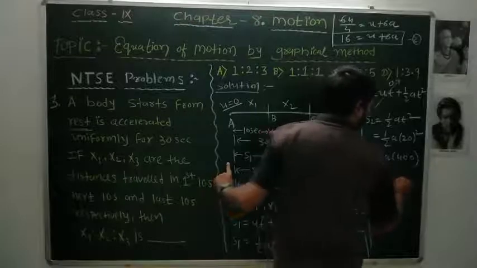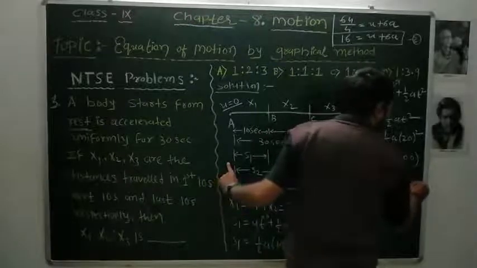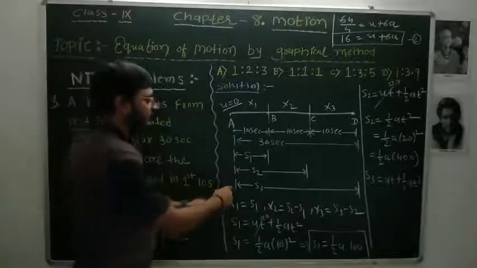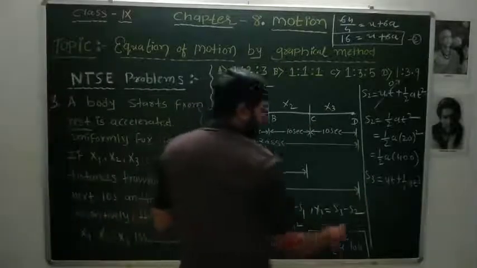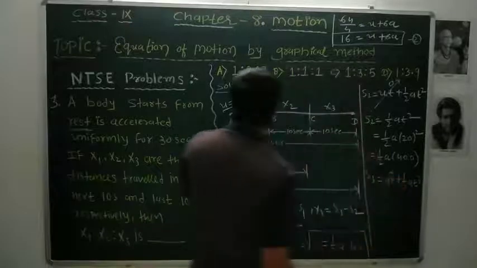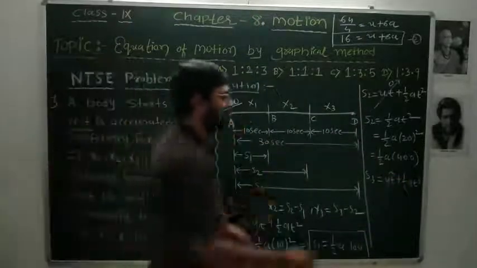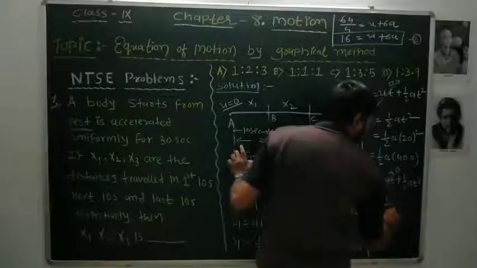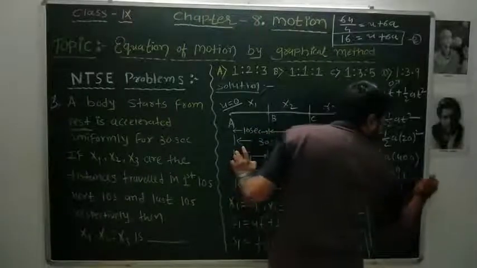Then similarly we find S3. S3 is ut plus half at square. S3 goes from A to D, and the initial velocity at point A is 0, so this term will be 0. So we get half at square.